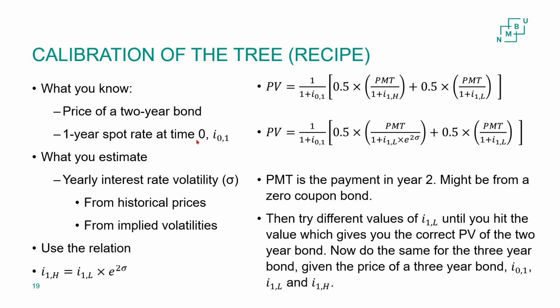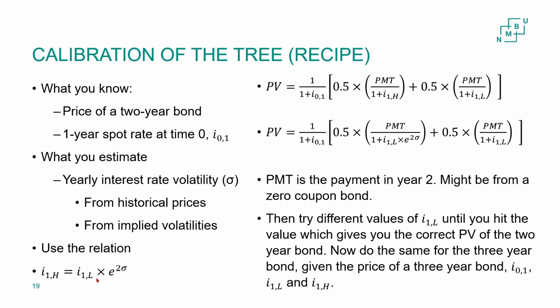So what you estimate is the volatility. And you have 2 kinds of major approaches. You can use historical interest rates, or you can use implied volatilities from the option markets, okay? And there's a separate video on that. And you use the relation that the up move is equal to the down move scaled by e to the 2 sigma power, okay?